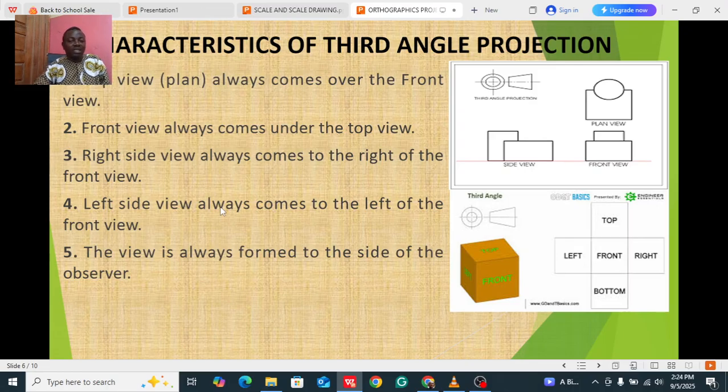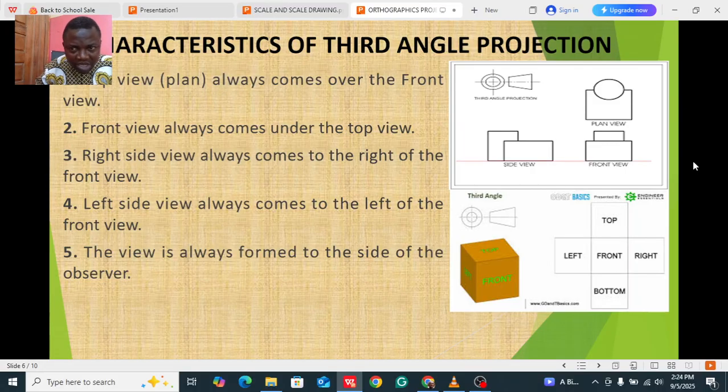That's another difference between first angle projection and third angle projection. Here, right maintains its right position, left maintains its left position, while the view is always formed to the side of the observer. In first angle projection, the view is in the opposite direction, but here in third angle projection, the view is always formed to the side of the observer.